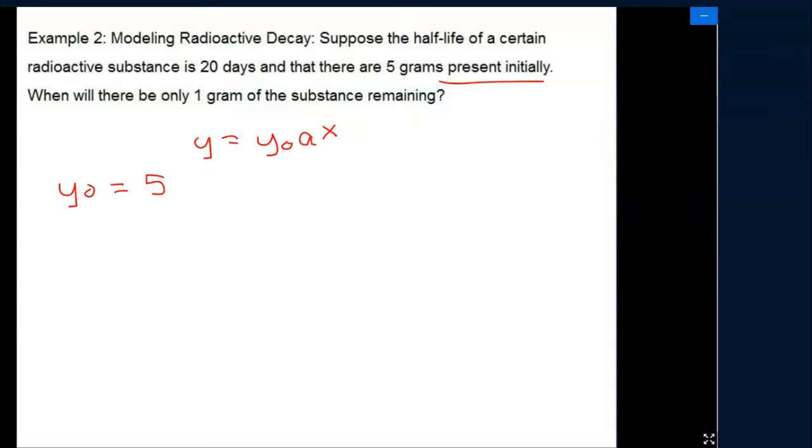What am I looking for? I'm looking for when there's how many grams? 1. I'm looking for when there's 1, not the half-life. We're looking for 1.